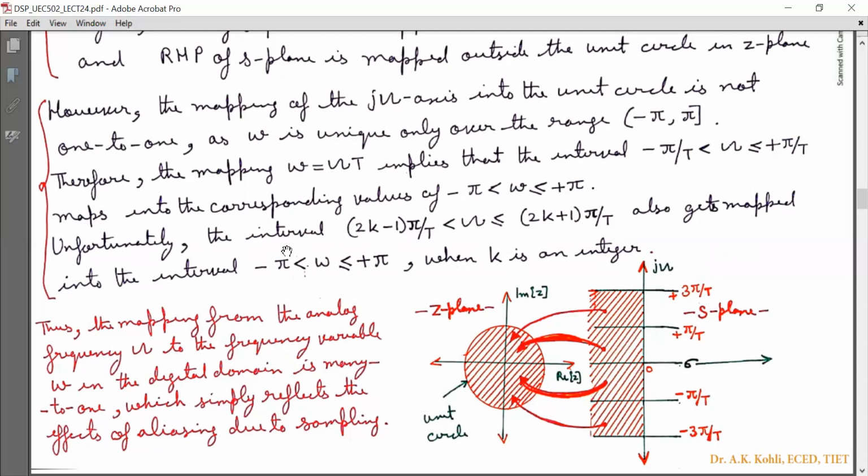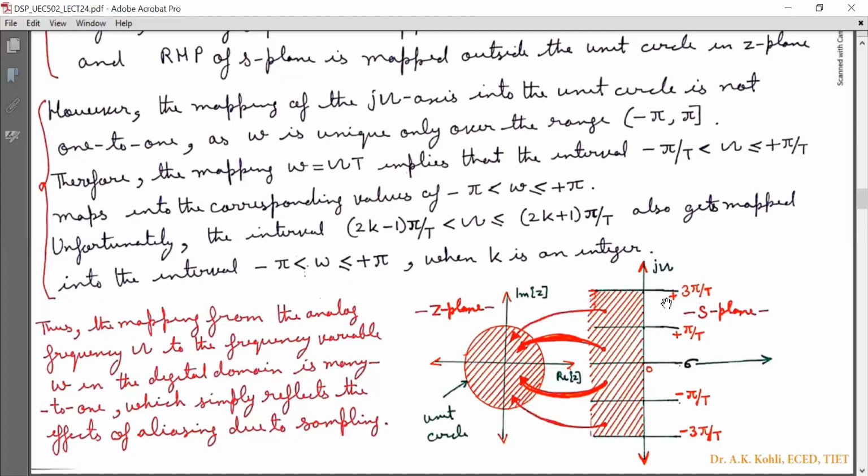Unfortunately, the interval (2k minus 1) pi by T to (2k plus 1) pi by T of capital omega, angular frequency in continuous time domain, is also getting mapped into the interval of small omega lying between minus pi and pi.